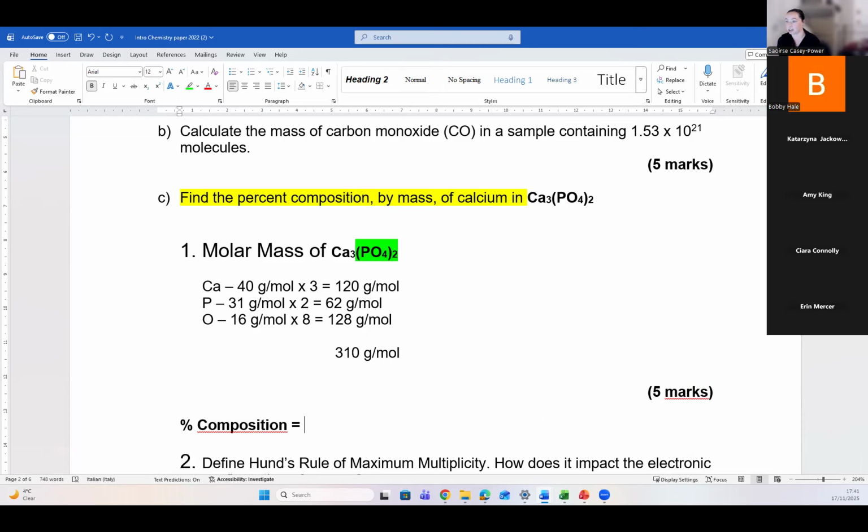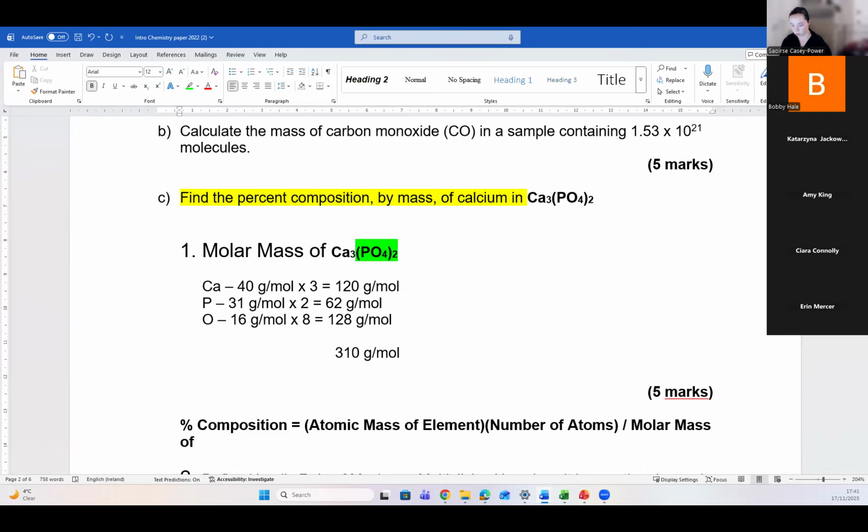So we're looking for the percentage composition by mass of calcium. Your percentage composition is the atomic mass of the element you're looking for, in this case calcium, multiplied by the number of atoms of that element, and divided by the molar mass of the compound itself.